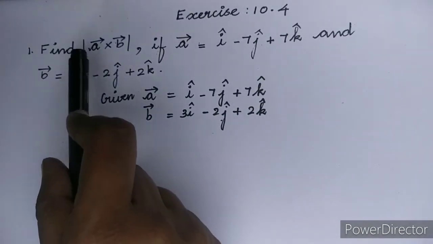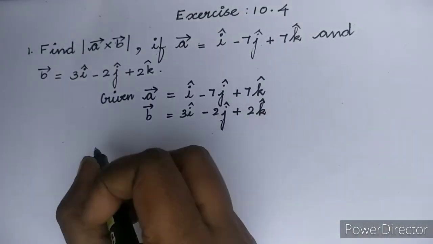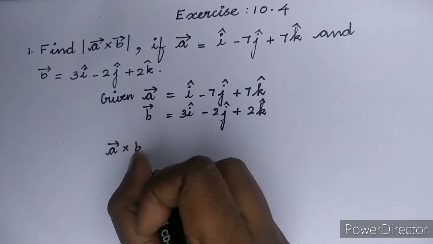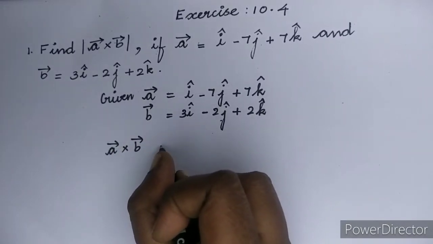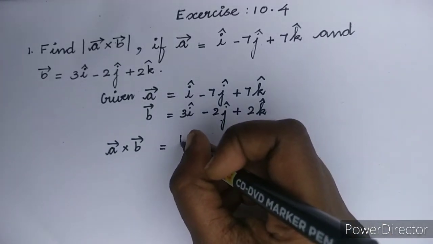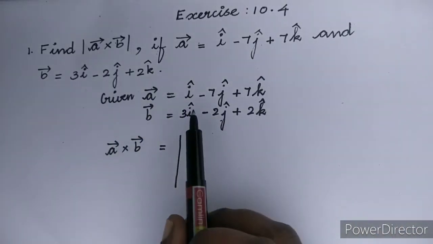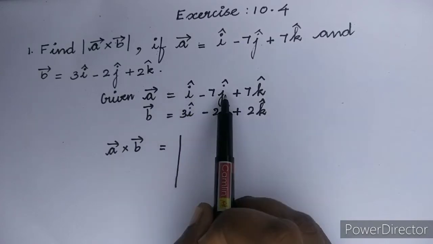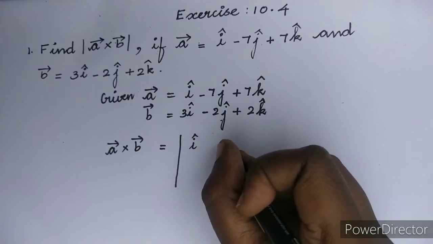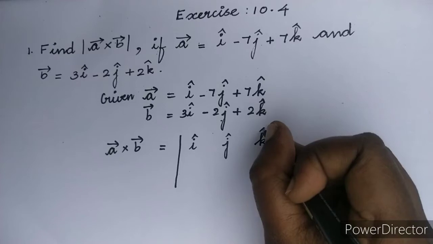Before finding magnitude of A vector cross B vector, we have to find A vector cross B vector. A vector cross B vector is equal to, let us learn how to find A vector cross B vector. You have to write determinant symbol, and first row you have to fill with the i cap, j cap and k cap.